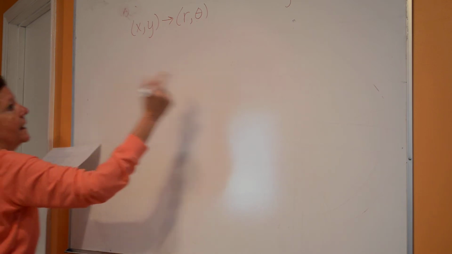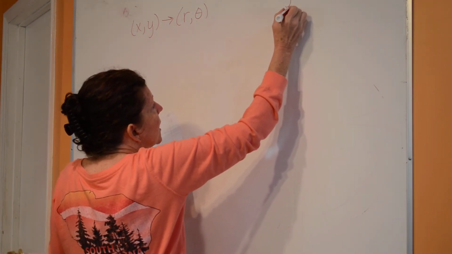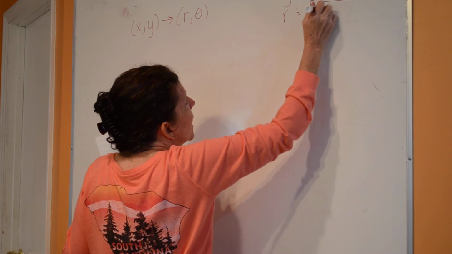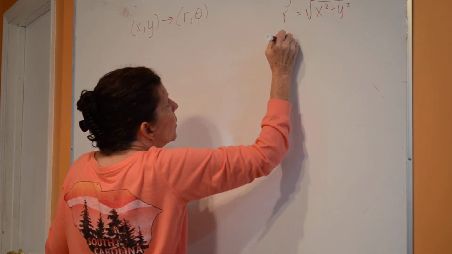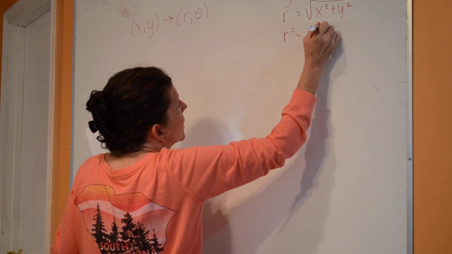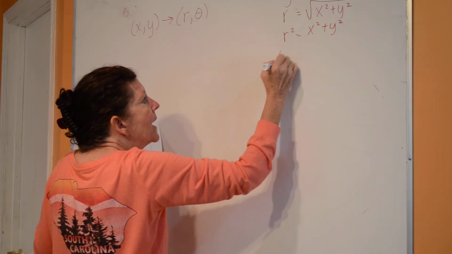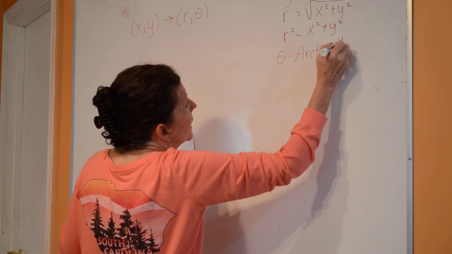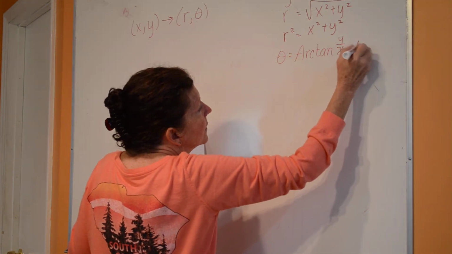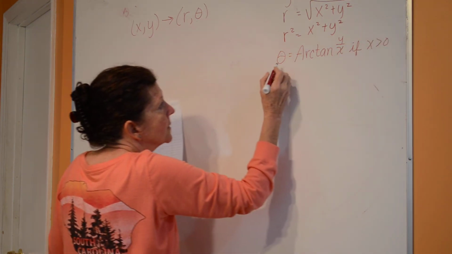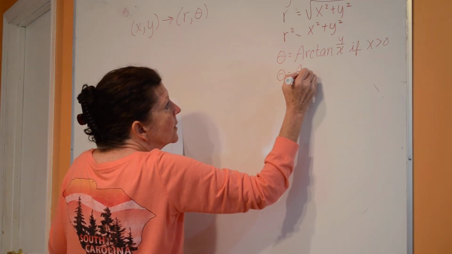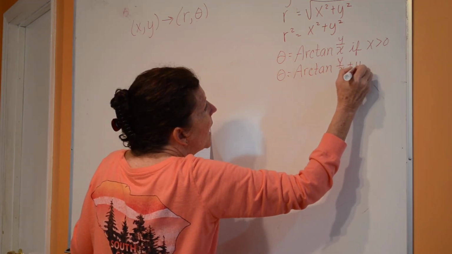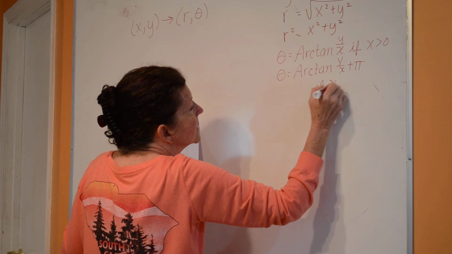So the big thing there, and I'm going to go ahead and add this to our list, is that r squared is equal to x squared plus y squared, and theta is equal to the arctan of y over x if x is greater than 0 or positive, and the arctan of y over x plus pi if x is less than 0.